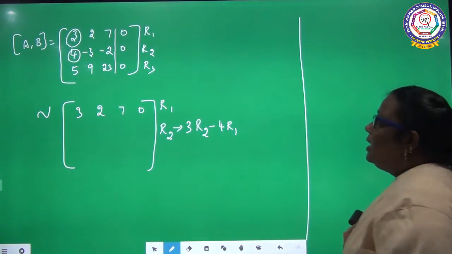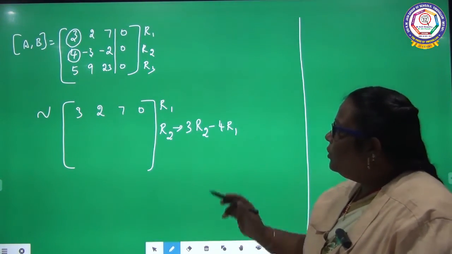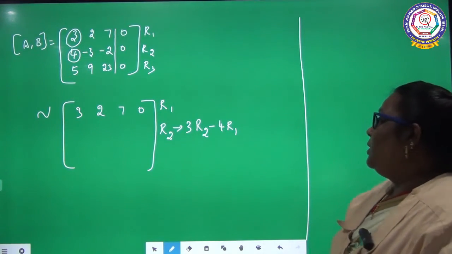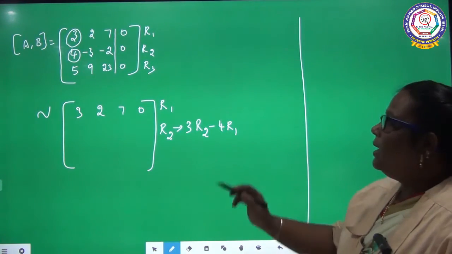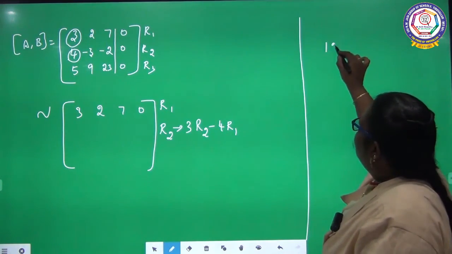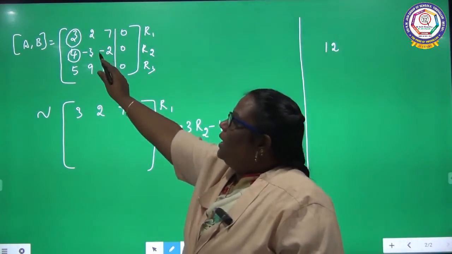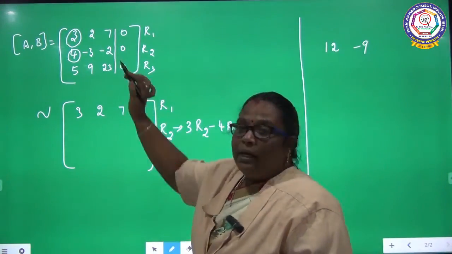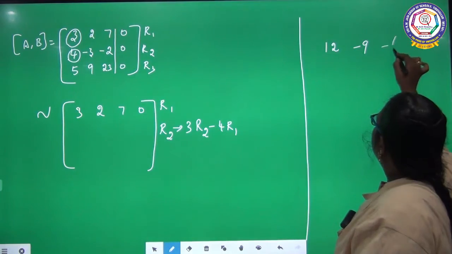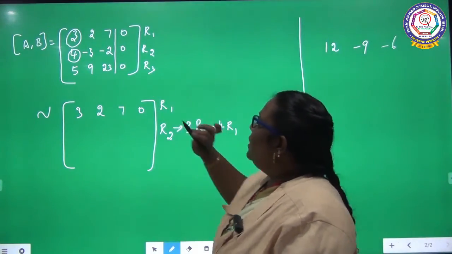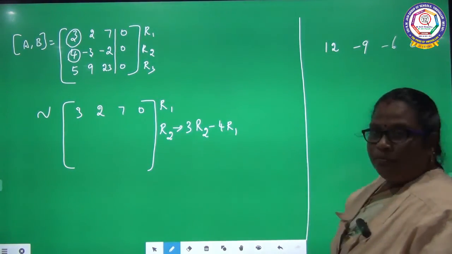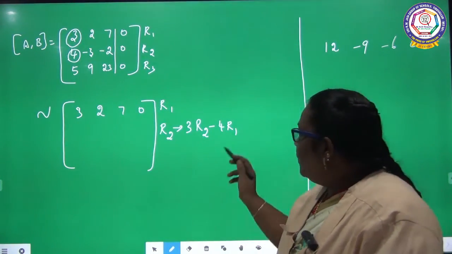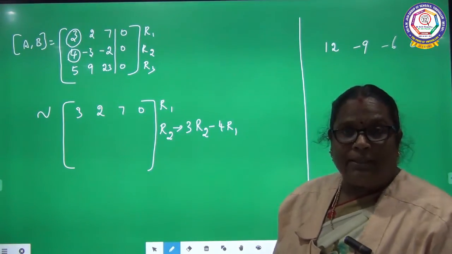See here, 3R2, that is R2 multiplied by 3. 3 4s are 12. 3 into minus 3, minus 9. 3 into minus 2, minus 6. 3 into 0, 0. Next, R1 we multiply by minus 4.